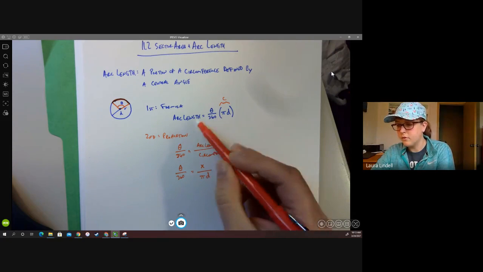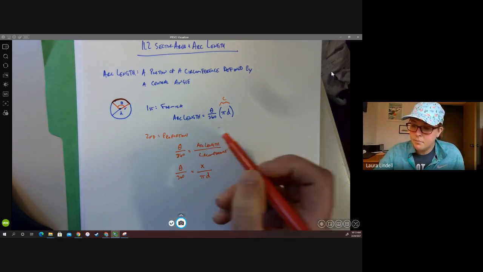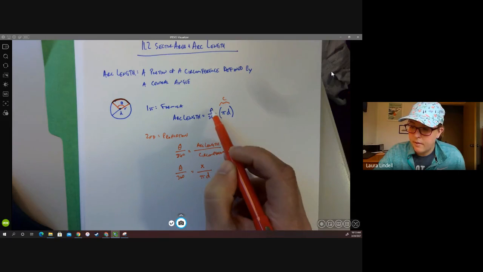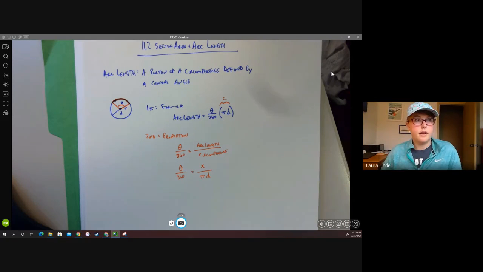So this here is just a rearranged version of the proportion method of solving this. It's the same kind of thing. Whatever works for you the best is the way that you should do it. I tend to prefer the formula version because I think of it better as this is a fraction of my whole thing. But whichever way works best for you is how you should do it.